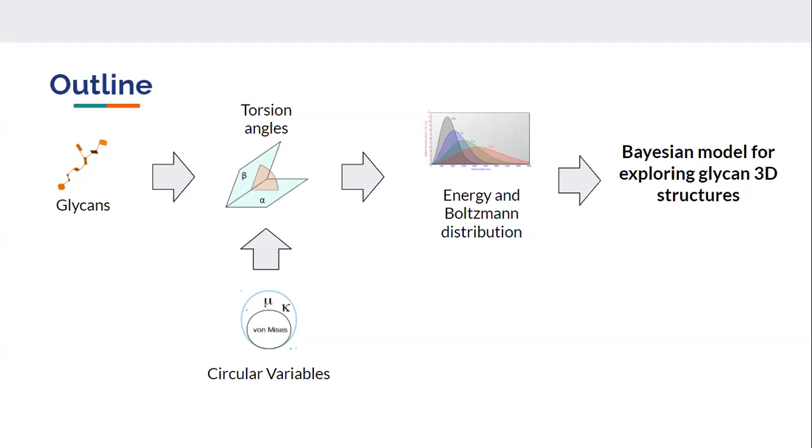So I will start with Glycans, then I will talk about torsion angles and how they relate to Glycan 3D structure. I will dedicate a few minutes to circular variables, as torsion angles are. Then I will move on to energy and the Boltzmann distribution. And finally, I will combine all of these concepts together in the Bayesian model for exploring Glycan 3D structures.